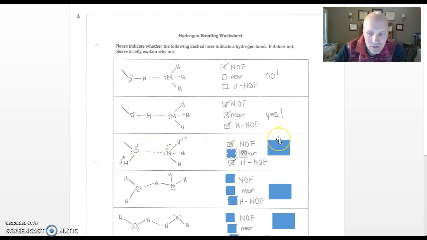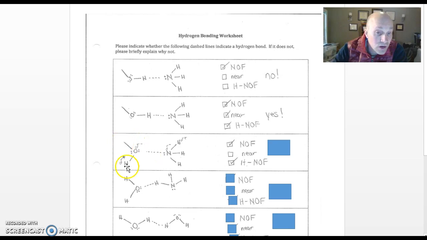The answer to this one is no, because this NOF is not close to this hydrogen. The odd thing about this is these actually could hydrogen bond. It's just that this whole molecule would have to move upwards to put this lone pair in proximity to this hydrogen. So this is an example where it wouldn't hydrogen bond because it's not close enough.